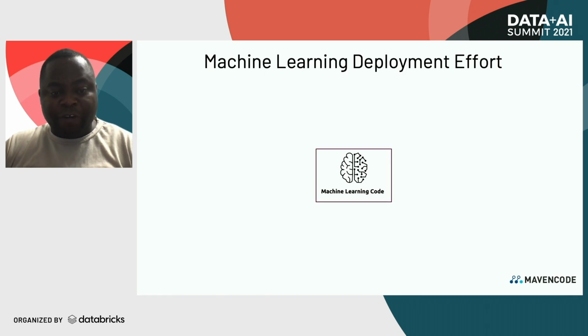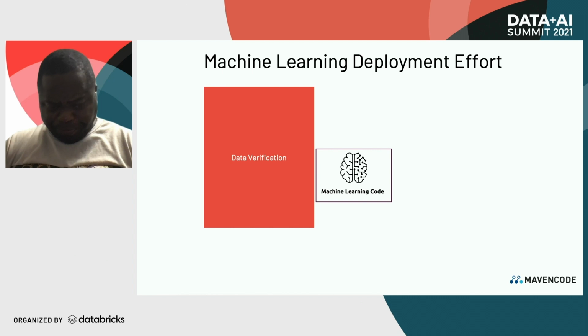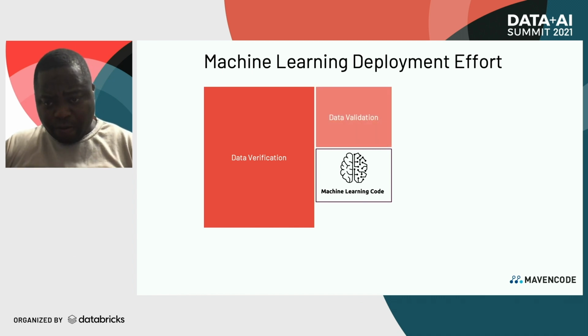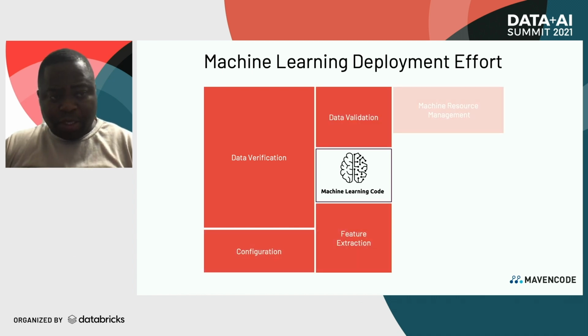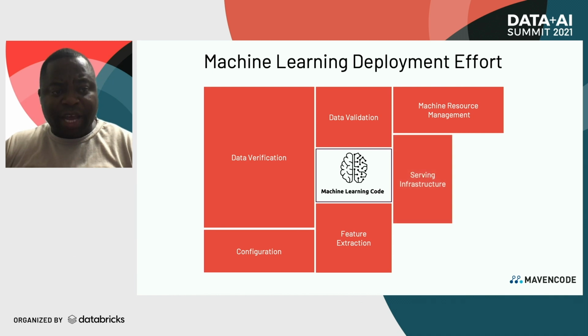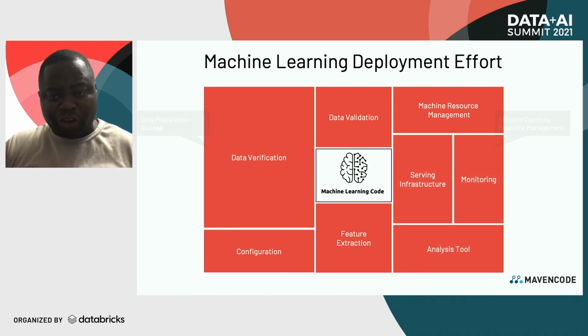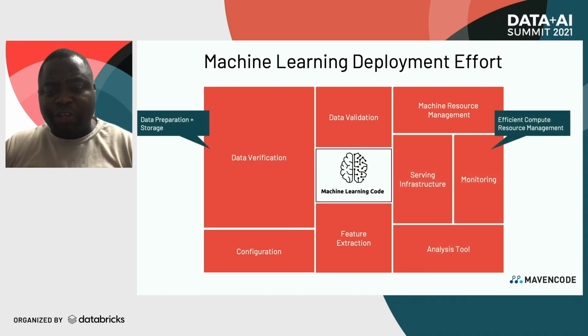In terms of efforts for machine learning model deployment, there is data verification, as you do your data preparation and storage. Also, after you've gone through the data preparation and storage and all the different processes we've talked about, you talk about your model inferencing and model monitoring, and this is where you need efficient compute resource management.